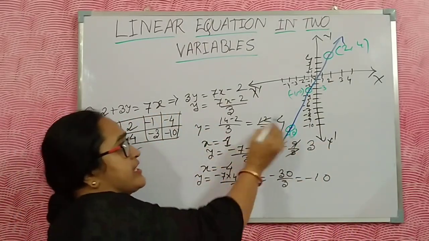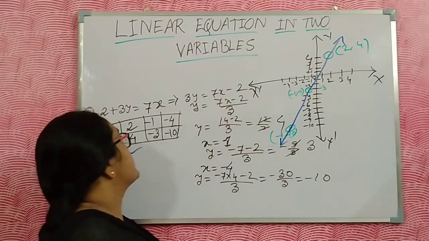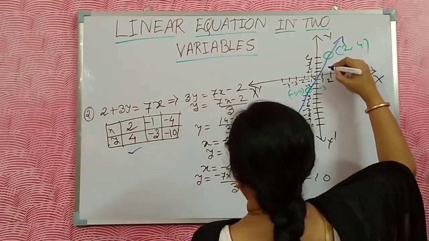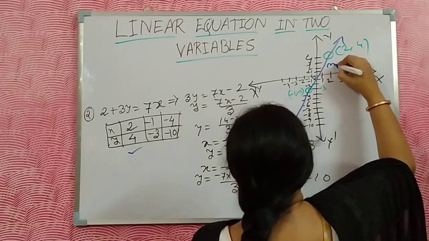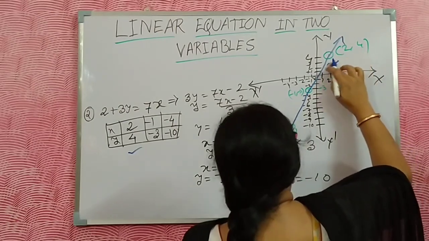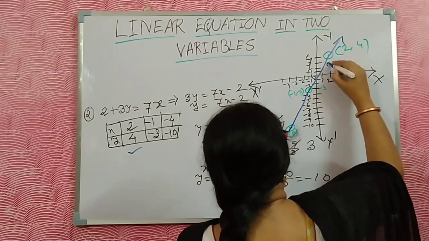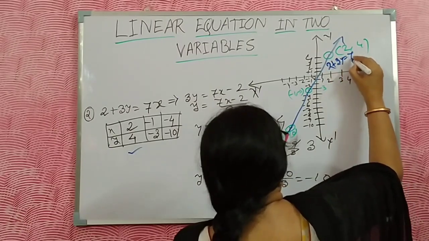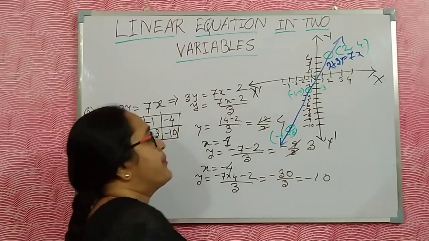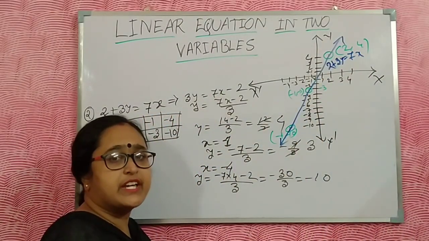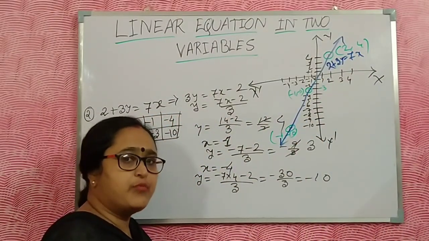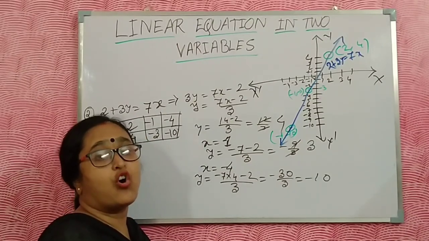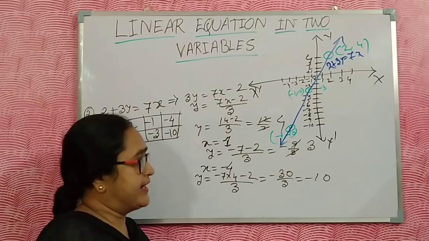I just write the name of the equation: this is 3y is equal to 7x plus 2. This line represents the linear equation in two variables. Again I say, a linear equation in two variables will always represent a straight line.